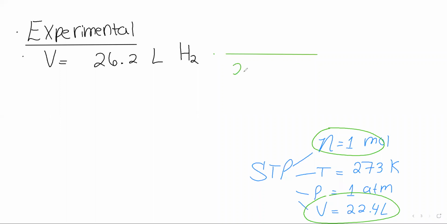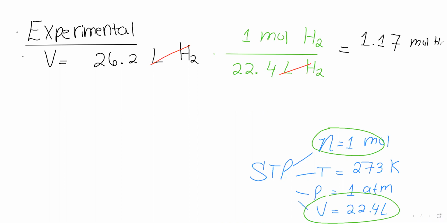So this is going to be 22.4 liters to every 1 mole. Liters on top cancels liters on the bottom. So in this case, we're dividing. This gives 1.17 moles of product.